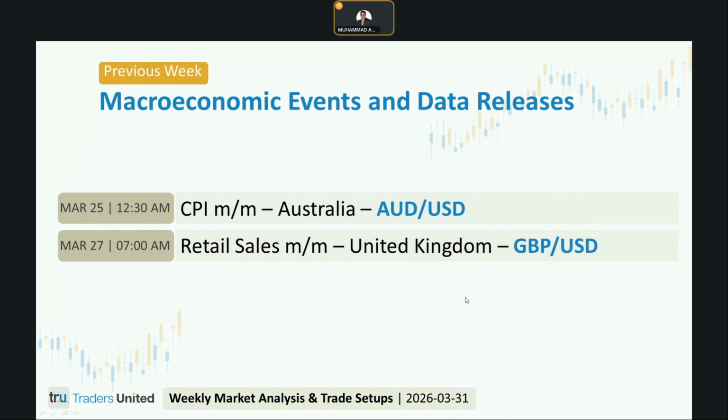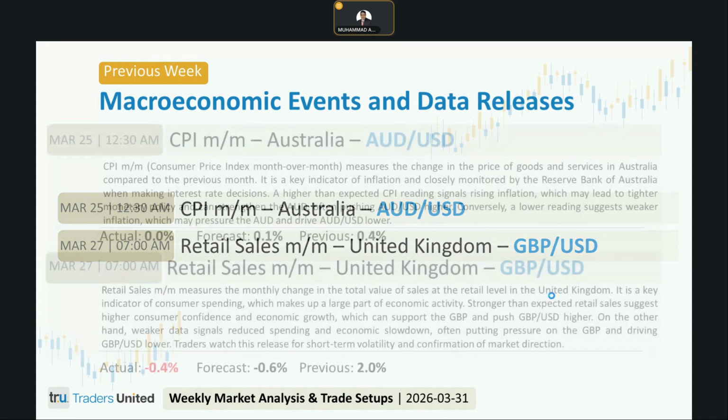The first one is the CPI M over M related to Australia, and I'm going to discuss AUD USD currency pair. The next one is the retail sales month over month United Kingdom, and I'm going to focus on GBP USD currency pair. So these are the previous week fundamental analysis. Let's start.